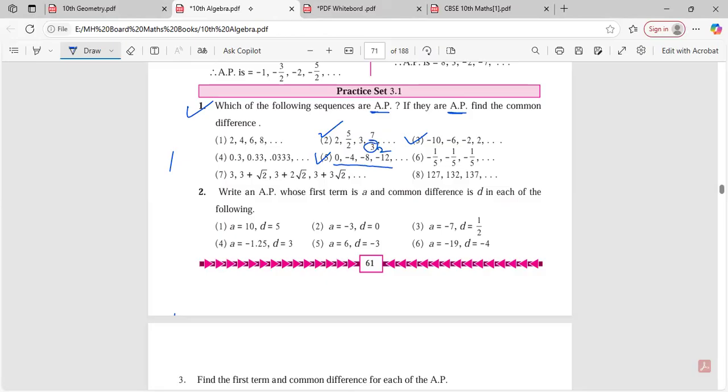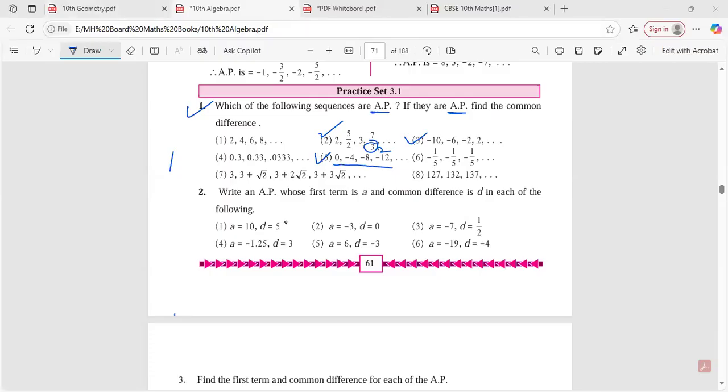Sir, I can't see the questions. No, I'm seeing the PDF whiteboard. Only you can see the PDF whiteboard.